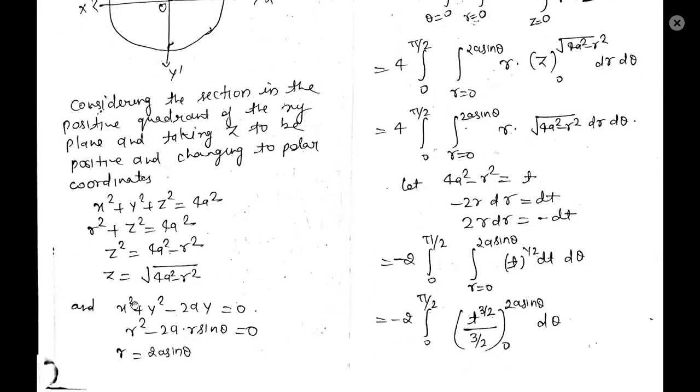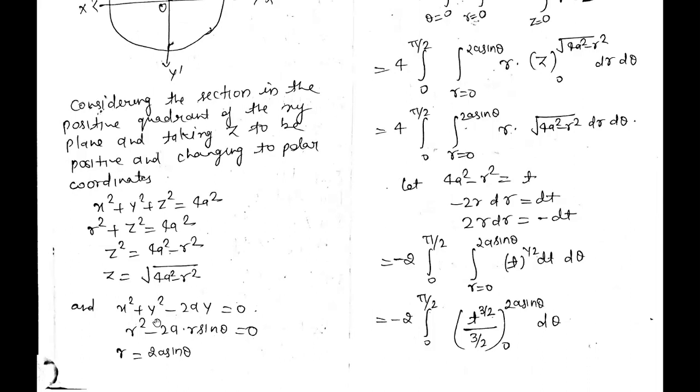Now z square is equal to 4a square minus r square. We are not writing plus or minus here because we are taking our region in the positive quadrant, so we take only the positive side. So z is equal to the square root of 4a square minus r square.